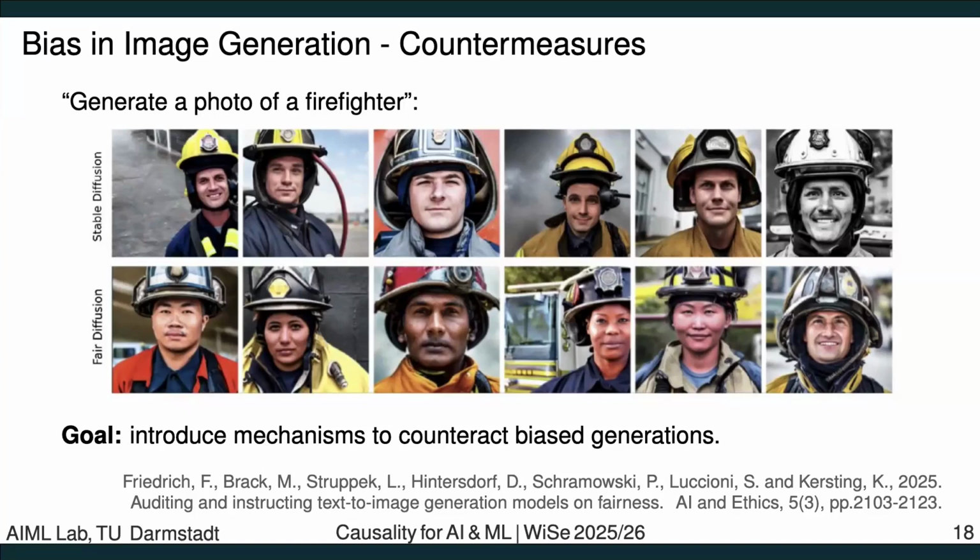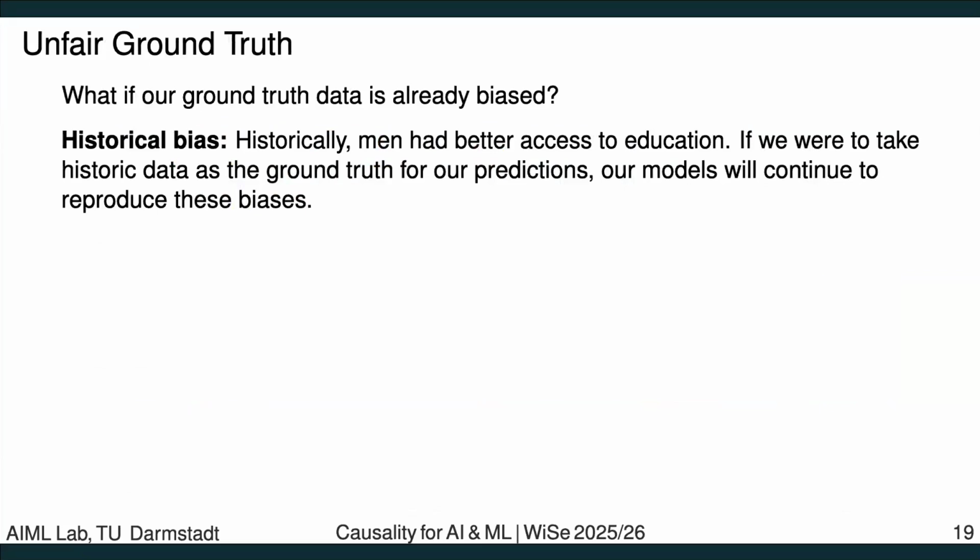Once you have extracted those concept vectors, you can add them to your generation to diversify your images. So you sample from those latent random vectors and add them. But we won't go into this because this is more about how to work with and modify these models. We want to look at the causal aspects of fairness and bias.